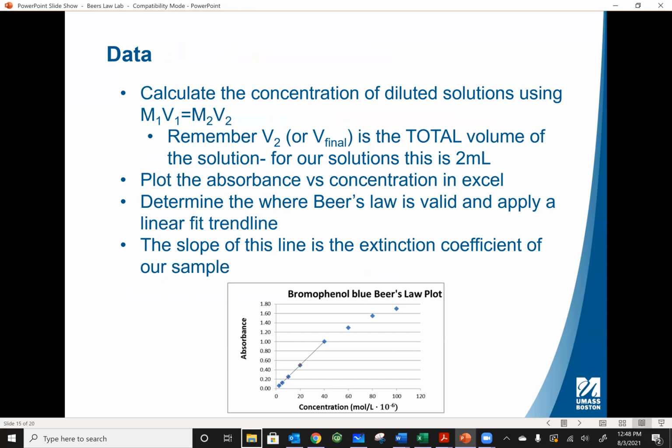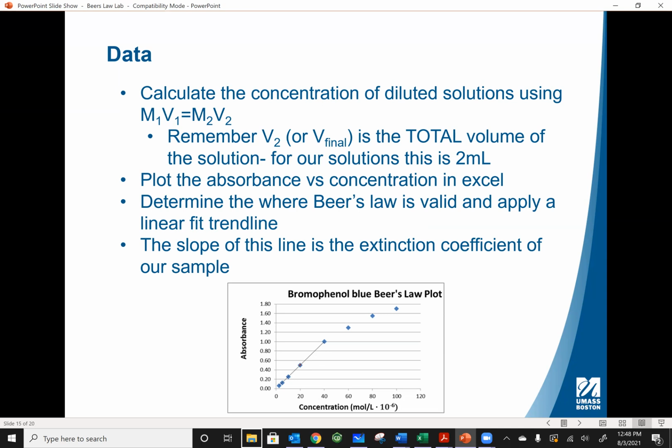Okay, so here's an example of the bromophenol blue Beer's law plot. Again, this is not the molecule we're using today, but this is an example of what a Beer's plot would look like. So the lower readings are at about 0. And then as we get more and more concentrated, we have this linear area, and then they kind of plateau off at the higher concentration.